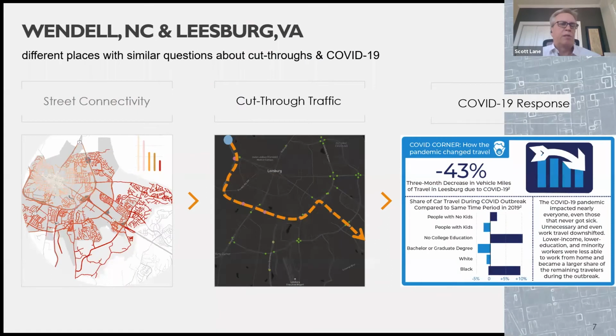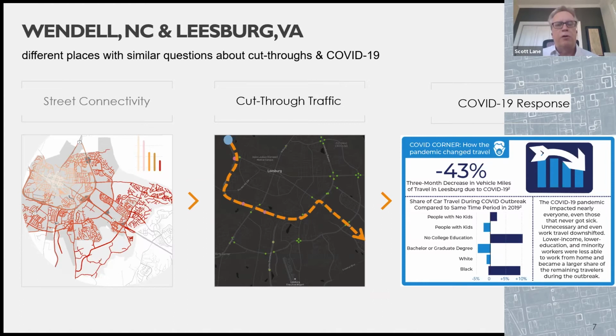A couple of other examples on this slide. So Wendell, North Carolina, a small town not too far away, working with them actively now. And Leesburg, Virginia, first on the left. Another wonderful community, a little bit larger, 45,000 people there in the DC corridor, a lot of long distance commuting. One of the questions that they had is shown in the middle, a graphic in the dark square.